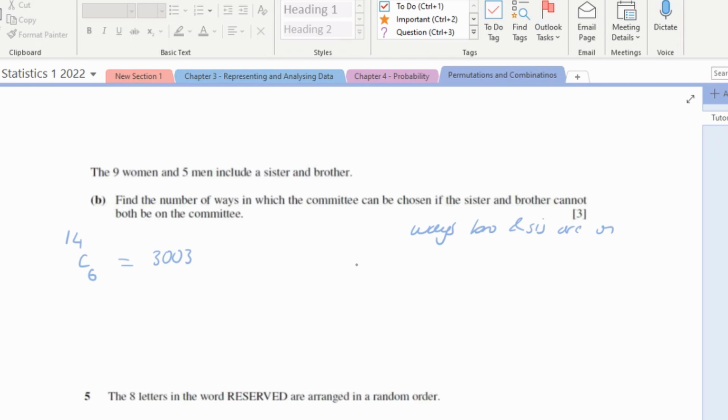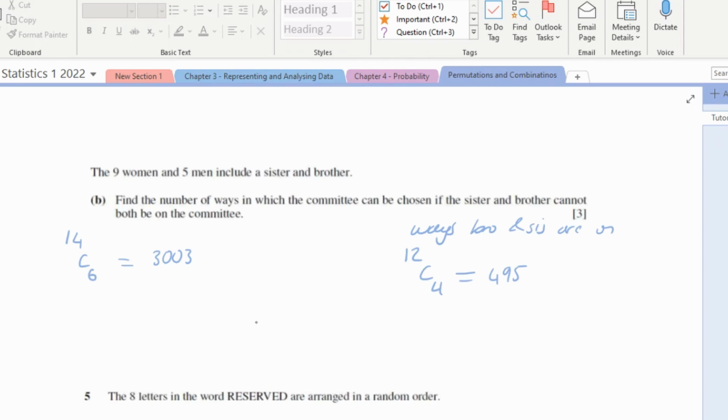If the dude is on and the woman is on, that leaves you with 12 people to pick from. And if there's 2 already on and you're picking a committee of 6, that would be 12 choose 4. Do you see that? You've chosen 2. There's 12 people left to choose from, and you're choosing 4 of them. So that would be 12 choose 4, which is 495.